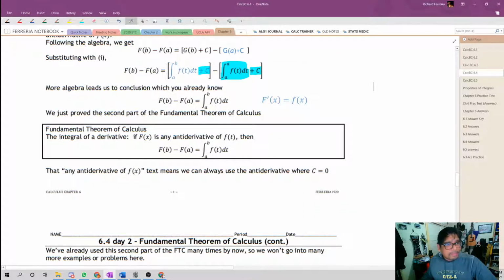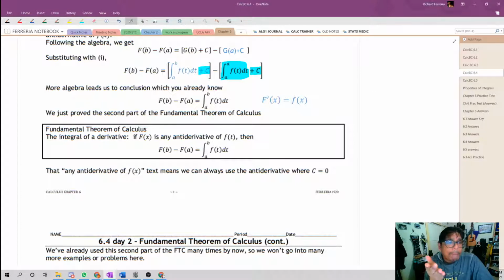So as long as F is any antiderivative of f(t), then this fundamental theorem of calculus is going to be true. It doesn't have to be the exact antiderivative. It just has to be some antiderivative, which is what gives us justification to get rid of the plus constants, because another way of thinking about it is we can just make those constants equal to 0.